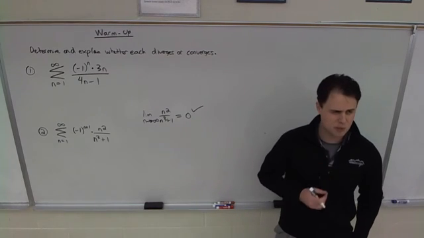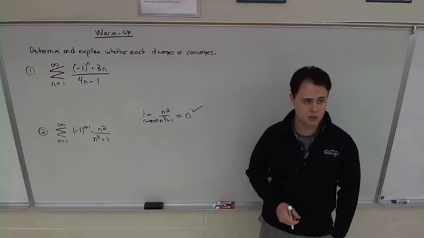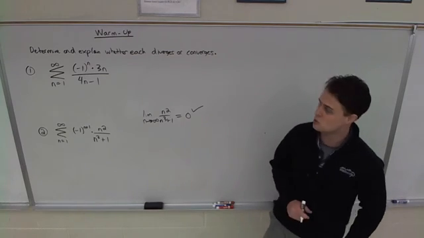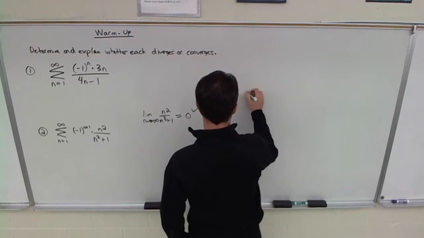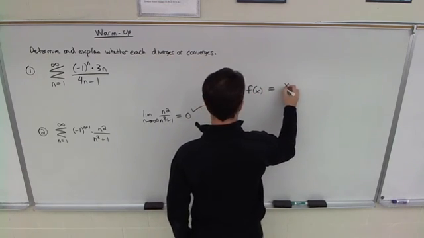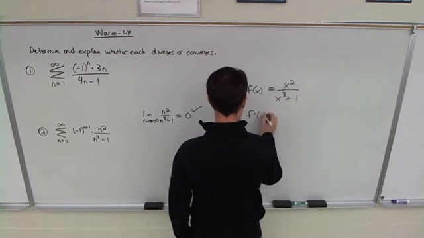Is it decreasing? Remember, we can do that in 2 ways. We can look at a sub n plus 1, the next term compared to the previous term, and see if it's less. Or we can take a derivative. I'm going to do it with a derivative this time because it's been a while. We need to do practice on derivatives. So help me with the derivative. Let's find the derivative of, let's say f of x is this, right? So what's f prime?